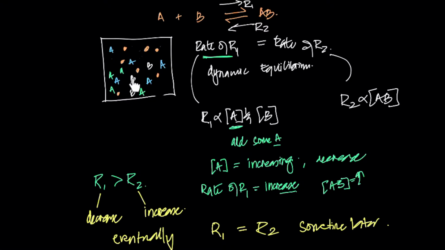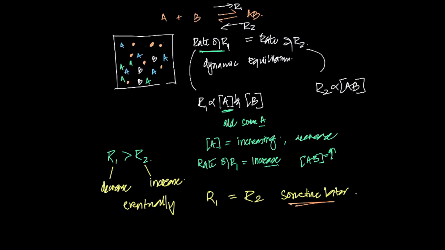Now there are only 3 B's. There were only 4 orange dots. Now there are 6 orange dots. But there's a lot of A because you added A, you see. But now what happens to the yield? Because the yield is AB. So in this new equilibrium, the concentration of AB is more than before. Do you see that?